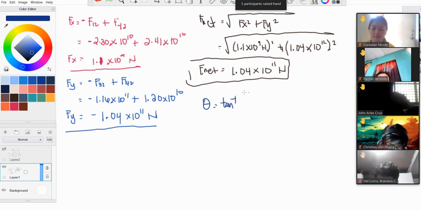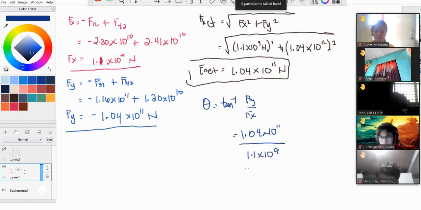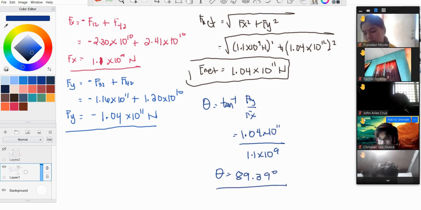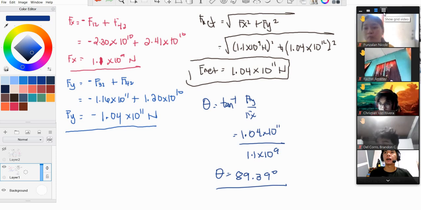Tangent inverse of 1.04 times 10 raised to 11 over 1.1 times 10 raised to 9. Ang answer po is 89.39 degrees. Okay, thank you, John Aris. Same po nakuha.